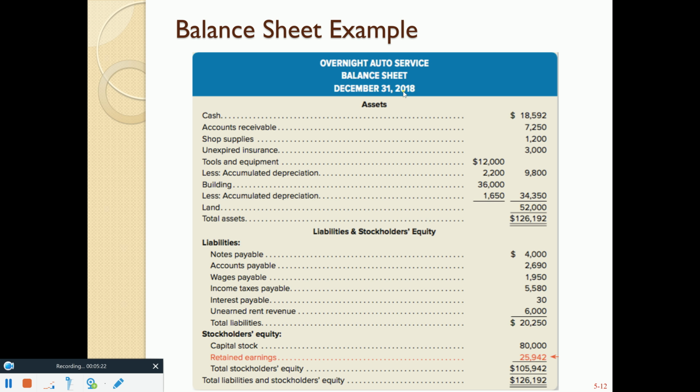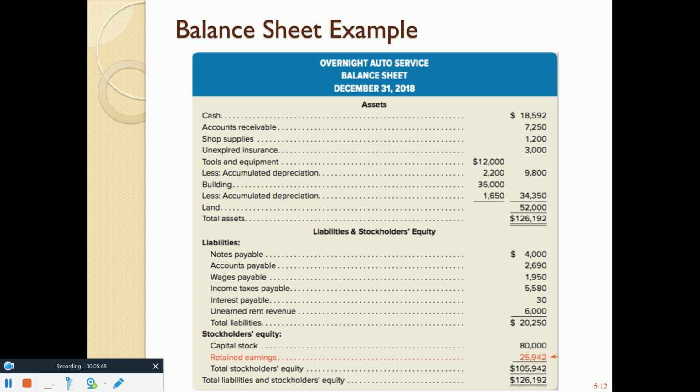It just says December 31, 2018. The balance sheet is the snapshot statement. It's the photograph statement. You all take photos because you want to capture a moment in time and look back at those photos years later. But it captured a moment in time. That's what a balance sheet does. It's the snapshot financial statement.